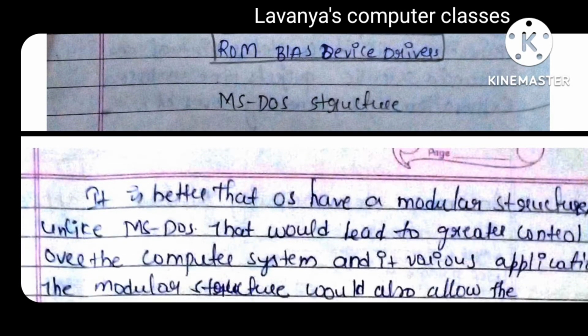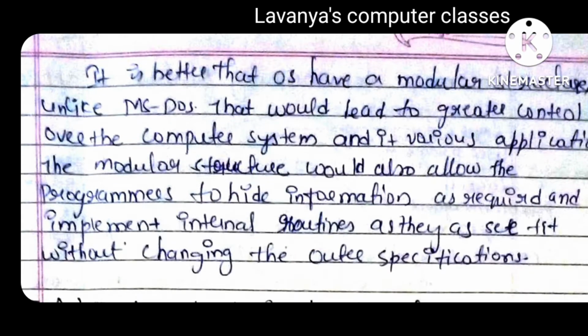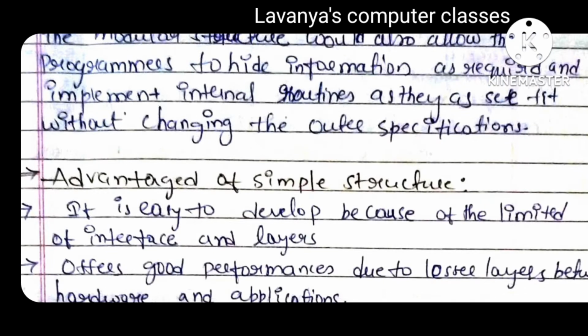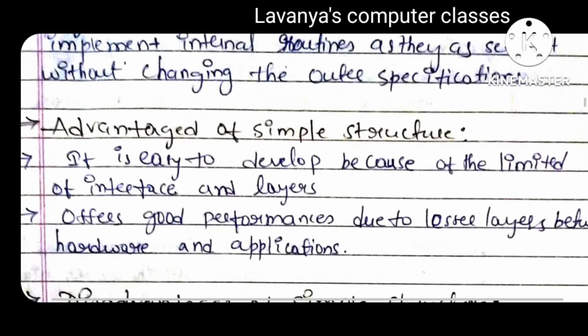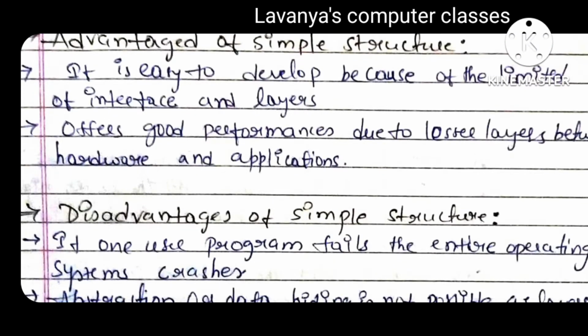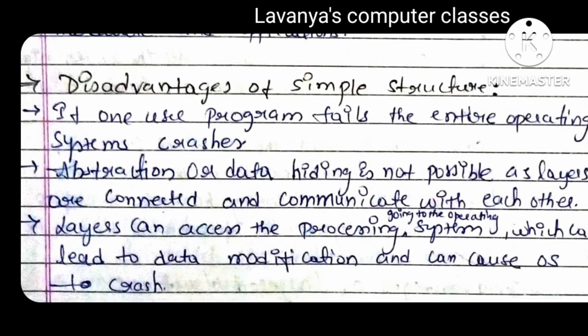MS-DOS structure. And advantages of simple structure. And disadvantages also there. So these are the disadvantages of simple structure of OS.